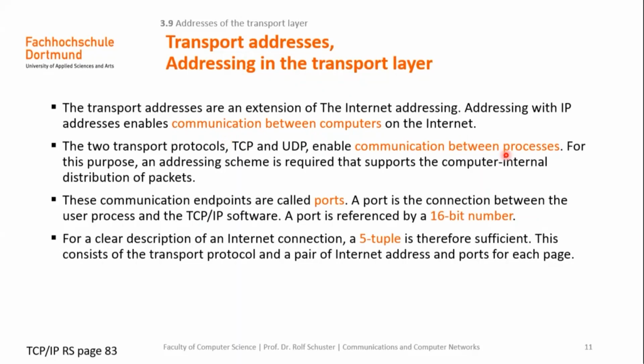Then the two transport protocols, TCP and UDP, enable that kind of communication between processes, what we call IPC, inter-process communication. For this purpose, an addressing scheme is required that supports the computer internal distribution of packets. That is a multiplexing of the packets exchanged between hosts.